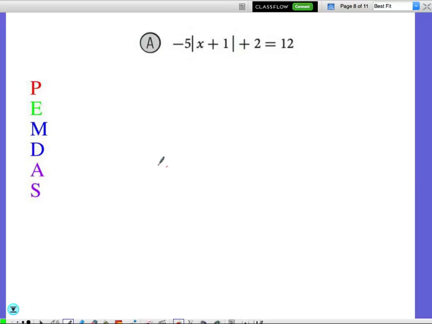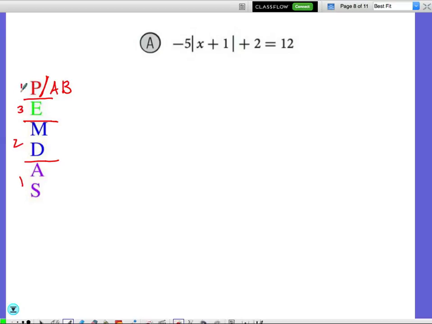Let's go ahead and take a look at two different examples here where we see 1 or 0 solutions. So let's take a look at this first one again. Remember, along with parentheses, we're also including absolute value.